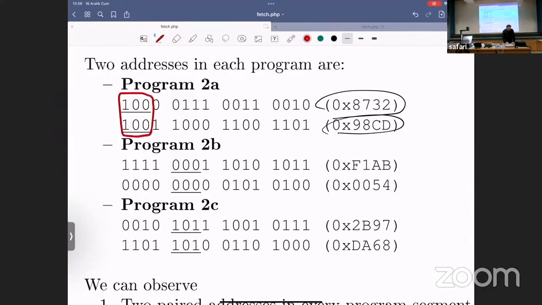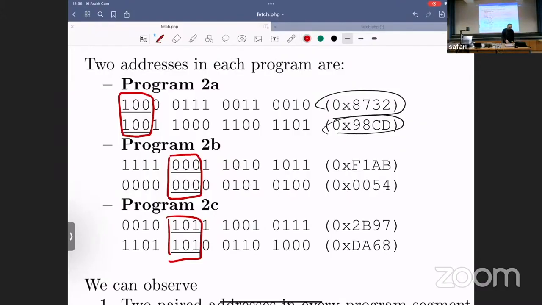The other bits are different from each other. Similarly, for program 2B, these bits are common. And for program 2C, these bits are common. Since we know that in a successful RowHammer attack the bank ID should be common, right?